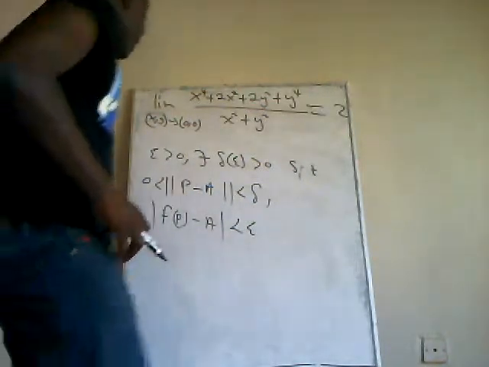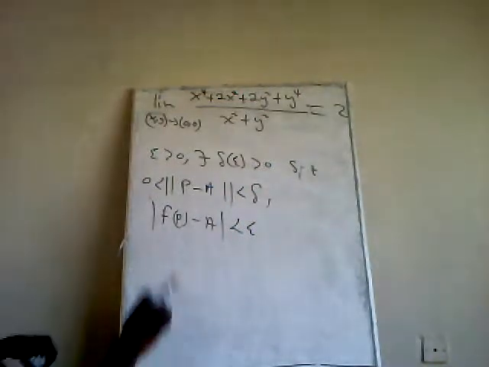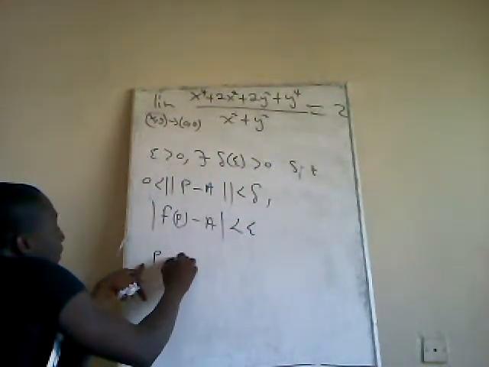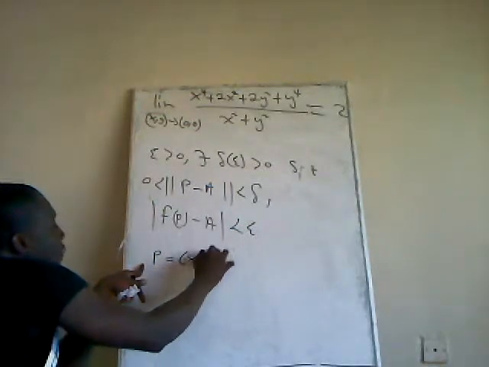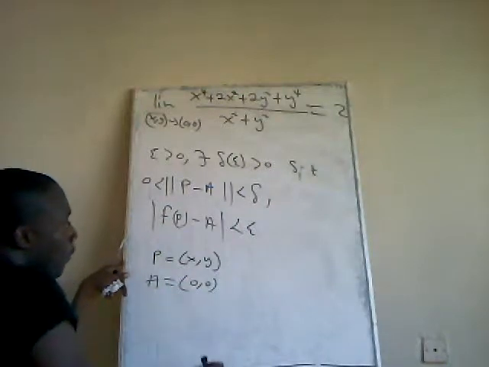Now let's see clearly. Let's define some things here. For the definition, my point P is equal to the point (x, y), and my point A is (0, 0).